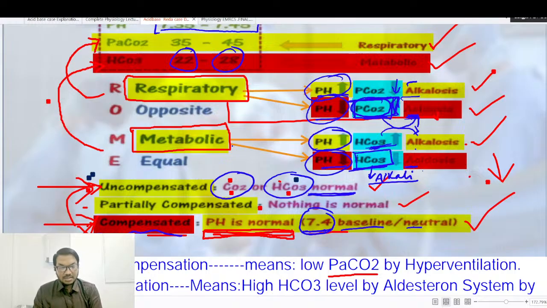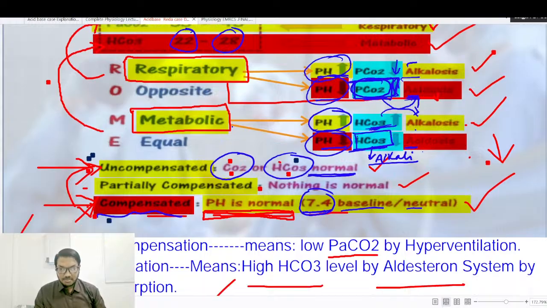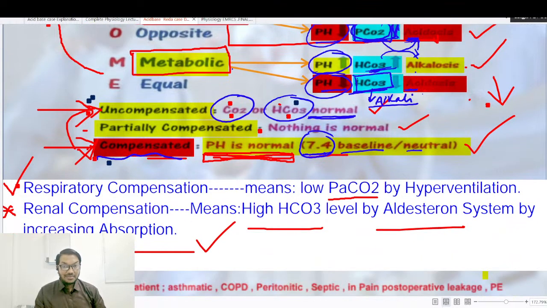Now which system took the upper hand to compensate, renal or respiratory? If you see partial pressure of carbon dioxide is low, then you are sure it was done by the respiratory system, because carbon dioxide will not go through the urine. Makes sense, right? Carbon dioxide goes out through respiration. So the respiratory system took part.